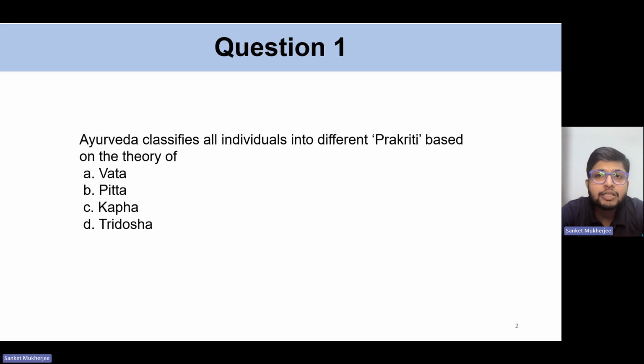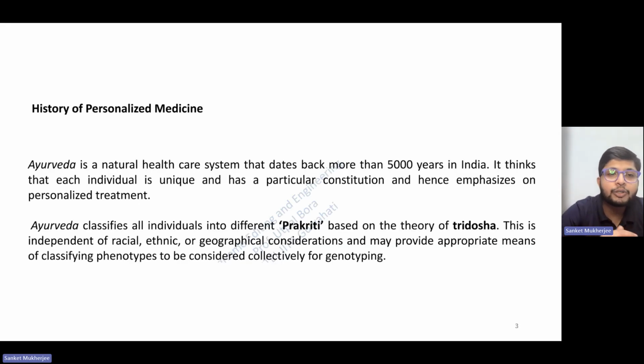Okay, so the answer to this question would be: Ayurveda classifies all individuals into different prakriti based on the theory of three dosha, D. So let's talk about Ayurveda. That was one of the first beginnings of personalized medicine.